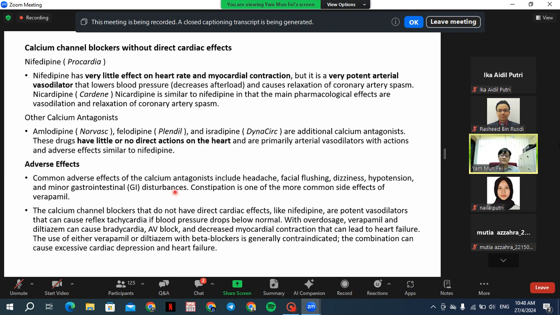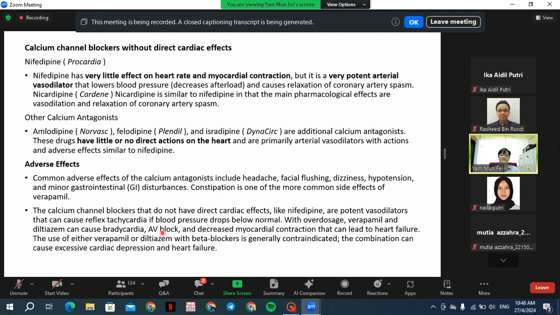Sometimes, for the calcium channel blockers that directly affect your heart, such as verapamil and diltiazem, if you use these two types of drugs in overdose, you might cause bradycardia because they will affect your AV conduction, isn't it? Bradycardia is the main concern.